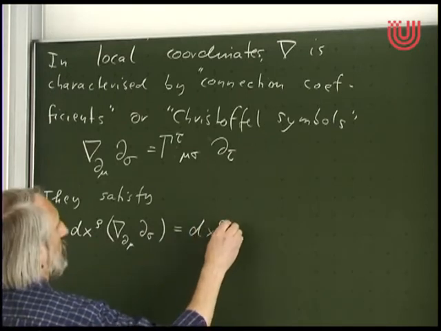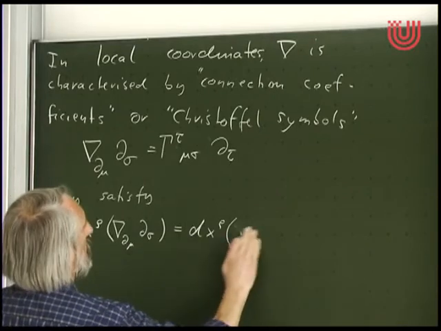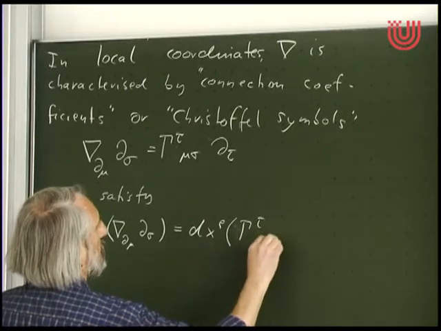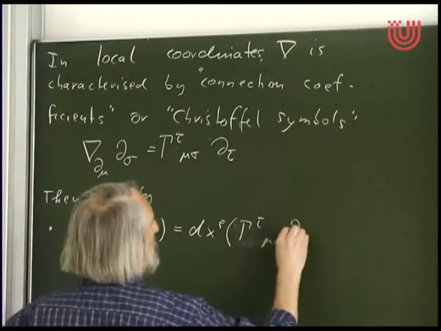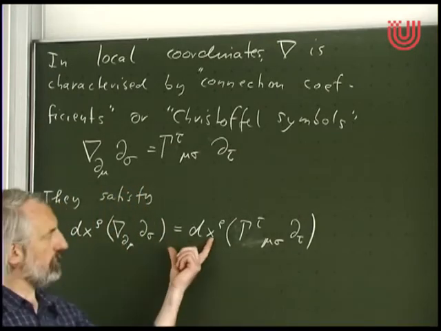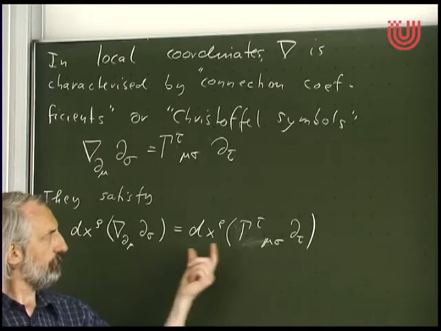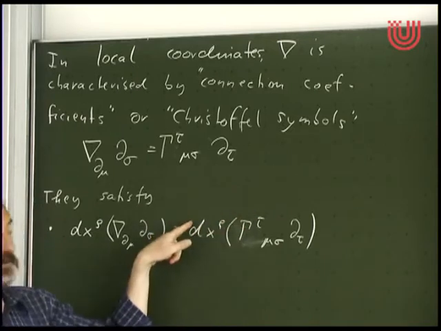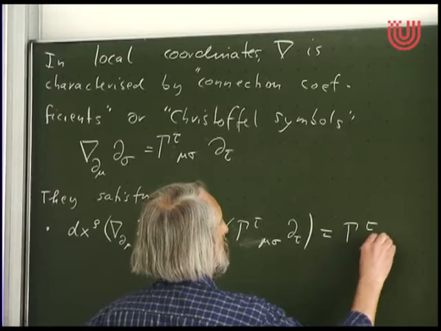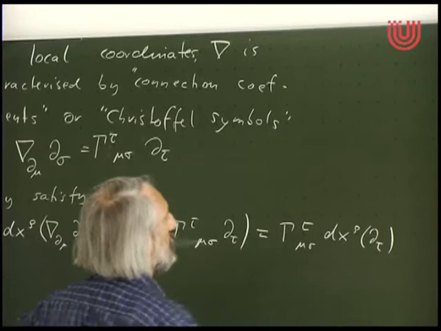So this is dx rho applied to gamma tau mu sigma d tau. That's a covector field acting on a vector field, which is written as a linear combination. Now this is a linear map, so I can take this out. So I can write this as gamma tau mu sigma dx rho d tau.